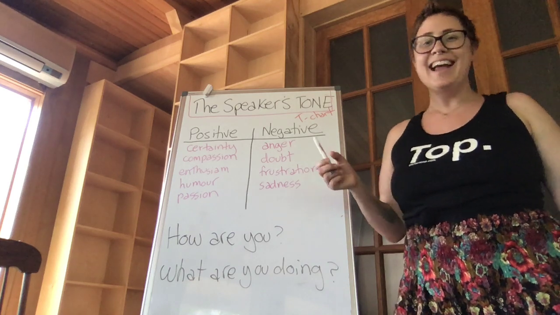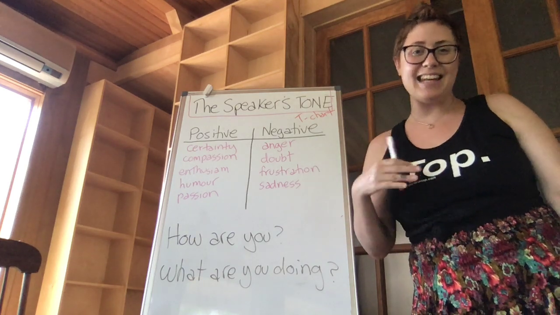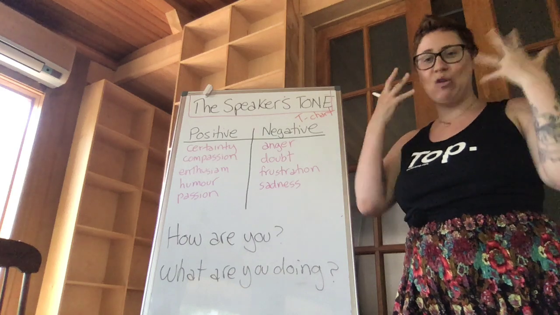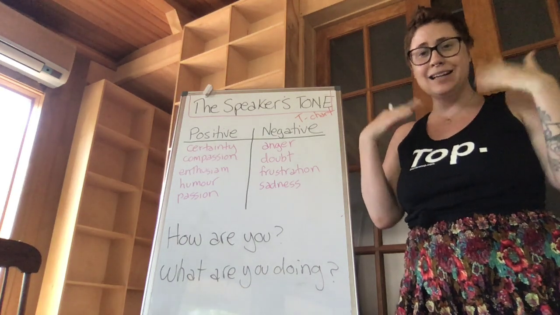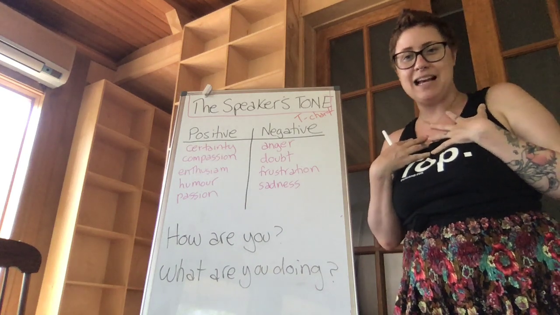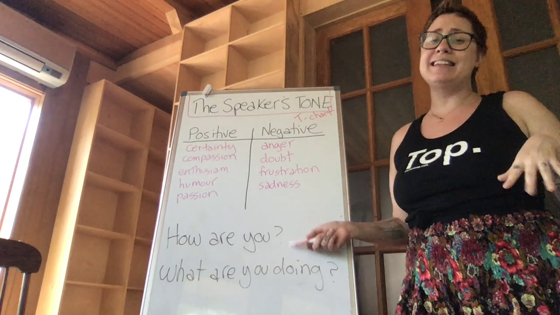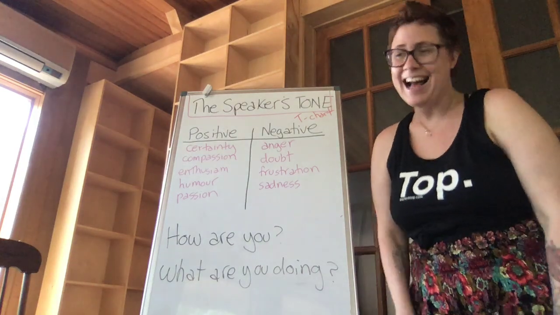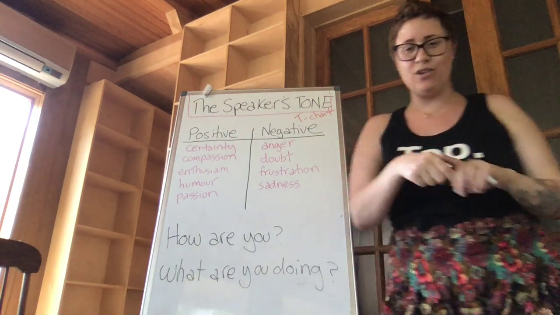Sadness. This happens to me a lot when I am sad and a friend is listening to me and I'm crying, and then after I'm finished talking about myself for like 30 minutes, I say, "Oh, and how are you?" And you can say that with sadness in your voice.